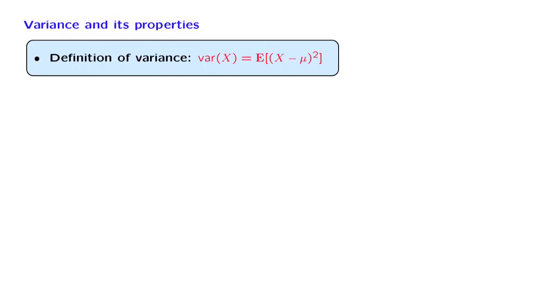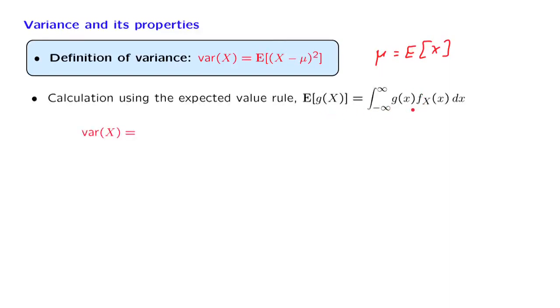The story regarding variances is exactly the same as in the discrete case. We define variances using the same definition, and of course here mu stands for the expected value of the random variable X. To calculate the variance, we can use the expected value rule, which takes this form in the continuous case, and we apply it to the expected value of this particular function, so that in this instance the function g of x is (x minus mu) squared.